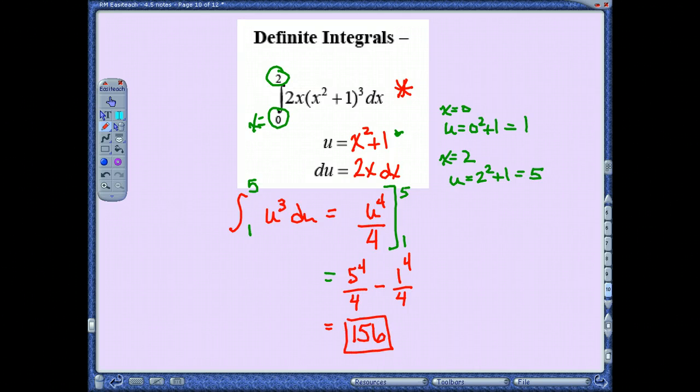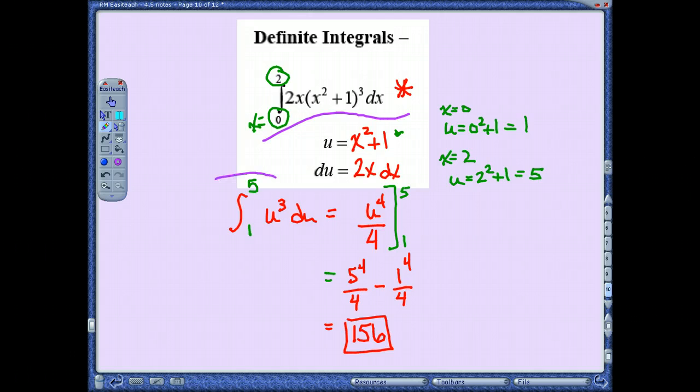Now, what I was talking about just a couple seconds ago, about sometimes they like to stop you in the middle of the process. A lot of times on an AP test, they will give you the original statement, this guy right here, and they'll ask you which of the following is equivalent.